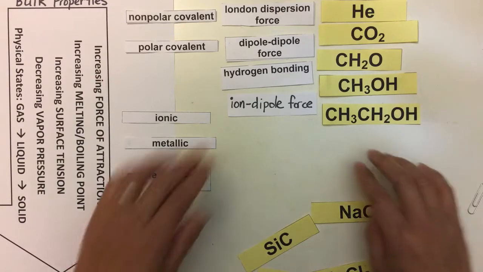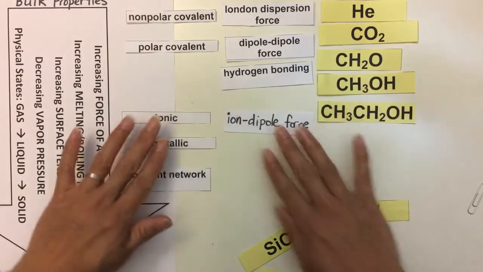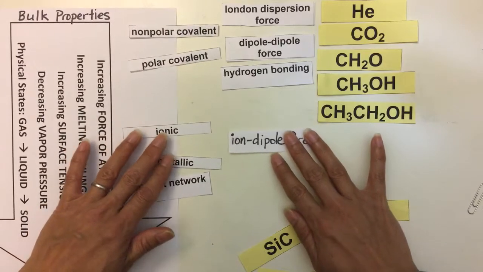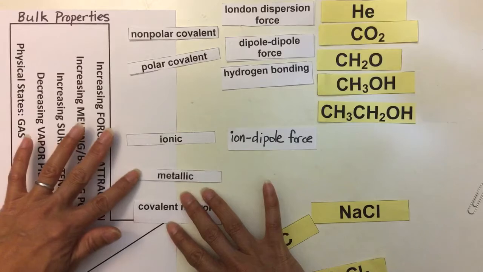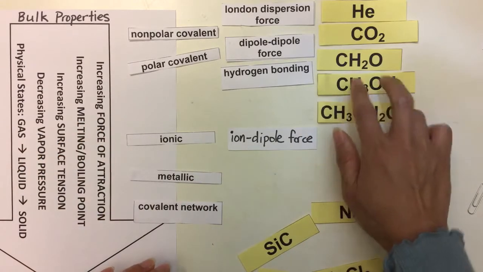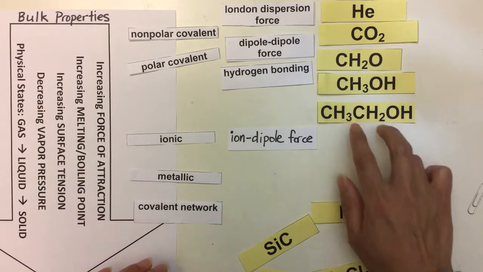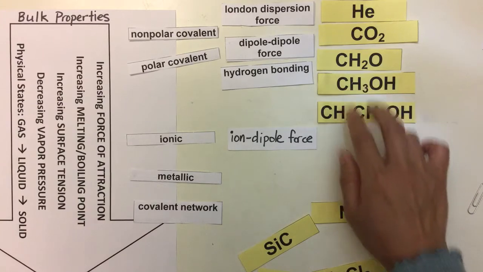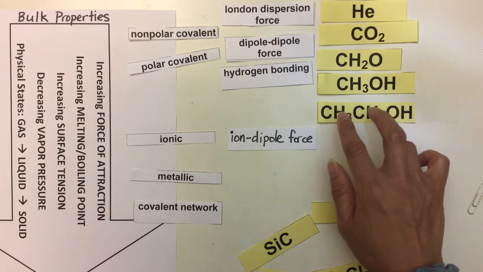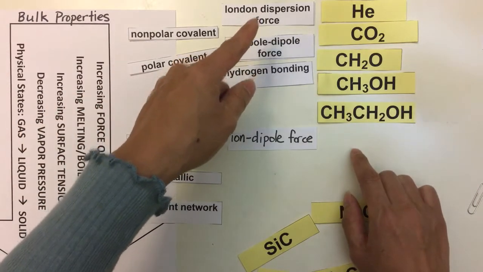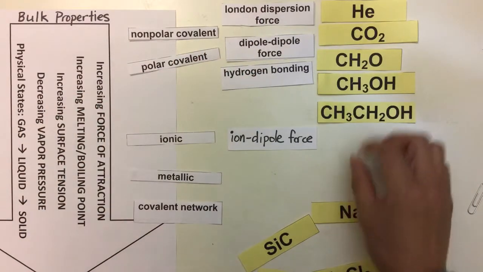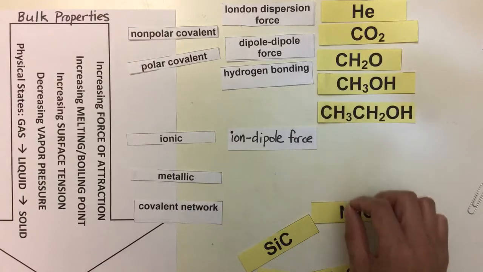Now the question is, how do I know the ranking order of these two substances that have hydrogen bonding? Well, the ranking order is going to be such that the substance with more atoms in the nonpolar end of these two alcohols, the more atoms you have, the more likely those London dispersion forces are going to be prominent in that structure.